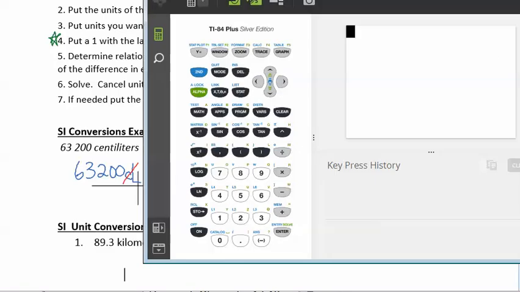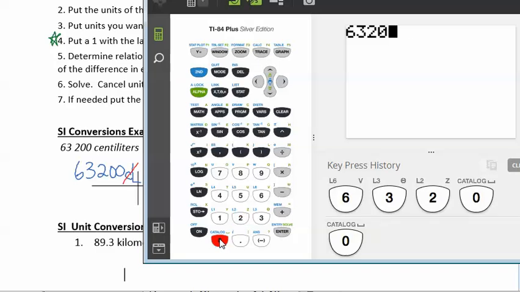I'm going to show you how to do it on this TI-84 simulator, just to use the tool properly. So we'll plug in our value, 63,200 centiliters, and in this case we're multiplying by 1 times 10 to the 4th. There's a couple of different ways you can put this in.